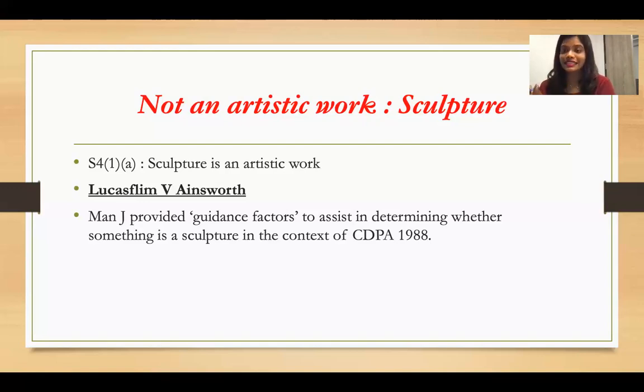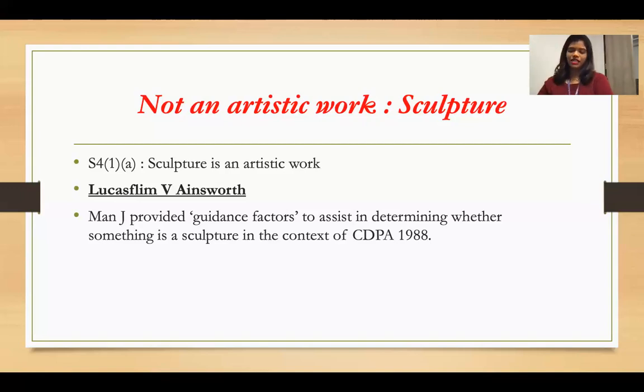So this is the general rule that you must remember when you want to discuss a design as a sculpture: you must always show that this design has a function. And we have Manje, who explained the guidance factors you must look at to determine if a design falls within sculpture.